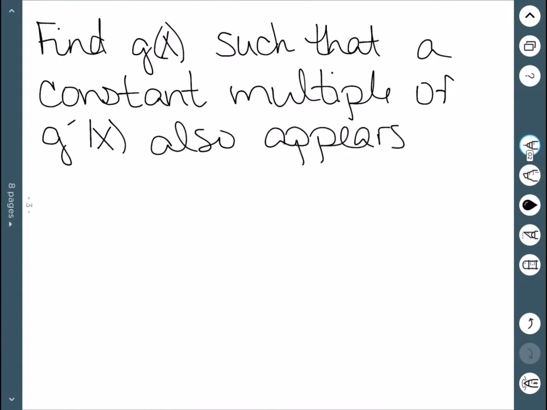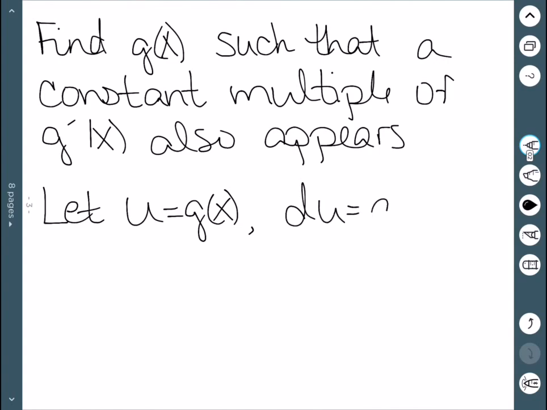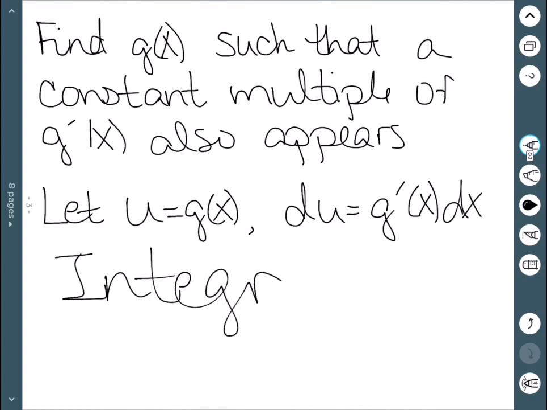And then after that, we're going to let u be equal to g of x and du be equal to the derivative. And then we can integrate. So we'll do some examples.